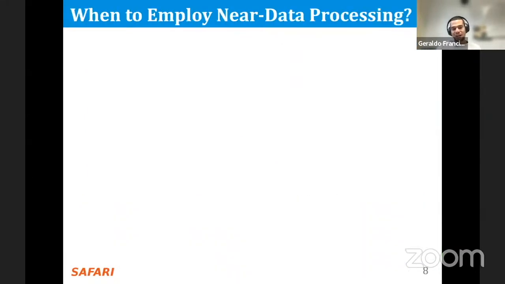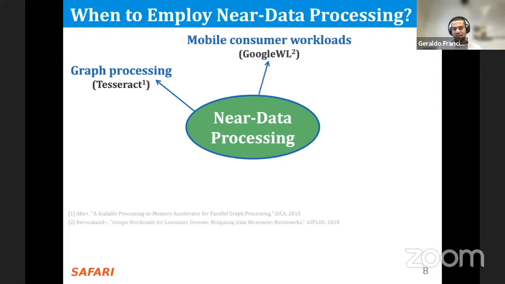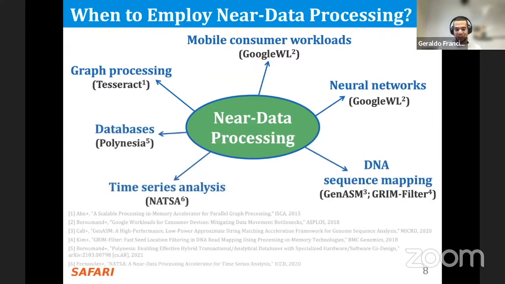So then the question becomes: when to employ near-data processing systems or architectures? As the previous slides have shown, near-data processing can be either general purpose or for a particular workload. There are many works in the literature that apply near-data processing to different application domains. For example, graph processing, mobile consumer workloads, neural networks, DNA sequence mapping, databases, time series analysis, and much more.